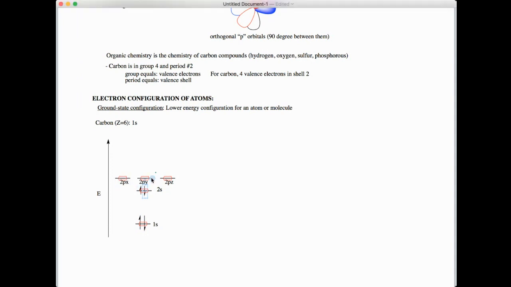And then once we get into orbitals with the same energy level, so degenerate orbitals, we place 1 electron in each. So we're gonna have 1 electron here and 1 electron here. Okay, so the electronic configuration of carbon is gonna be 1s2, 2s2, 2p2.